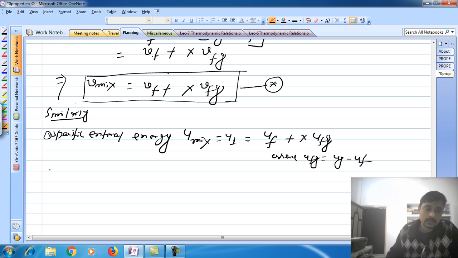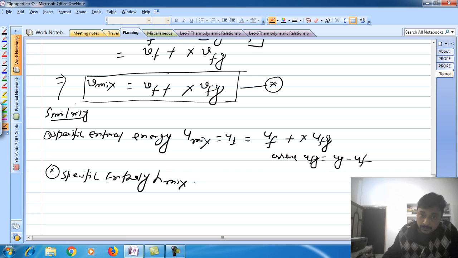Okay, the next property is the specific enthalpy of the mixture. This is h mixture, equal to hf plus x hfg, right?